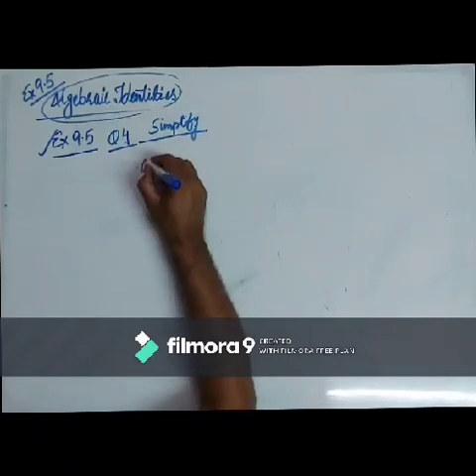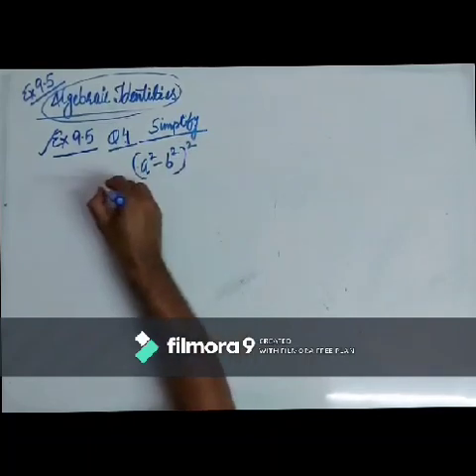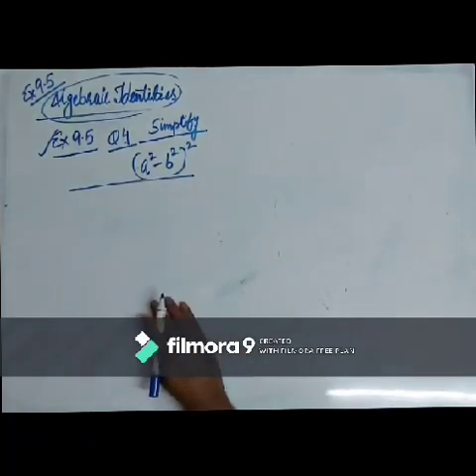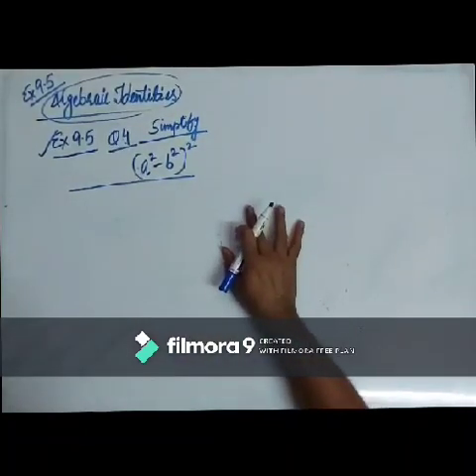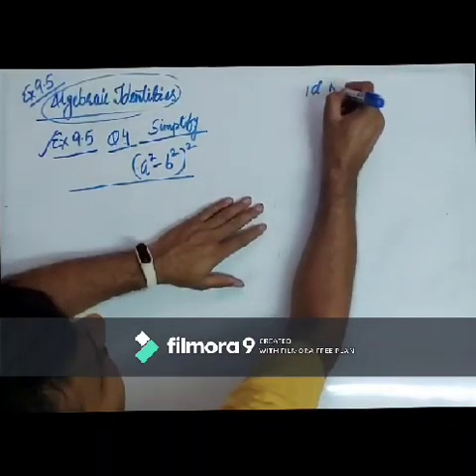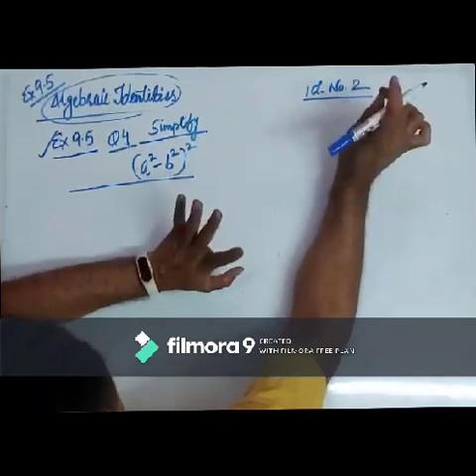So the first one is a square minus b square whole square. So when I look into this question, the first component, it reminds me identity number 2 with negative sign, right?